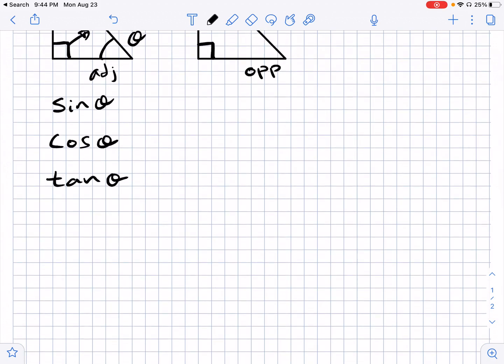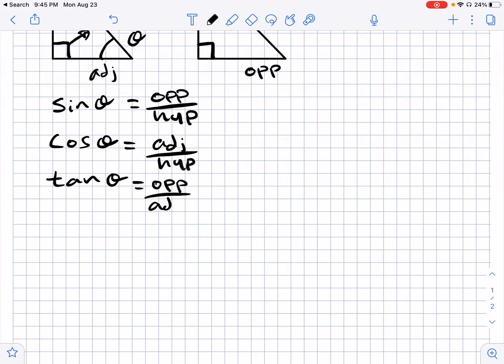Your sine theta is always equal to the opposite side divided by the hypotenuse. Cosine theta is always adjacent side divided by the hypotenuse. And tangent theta is always equal to opposite over adjacent.